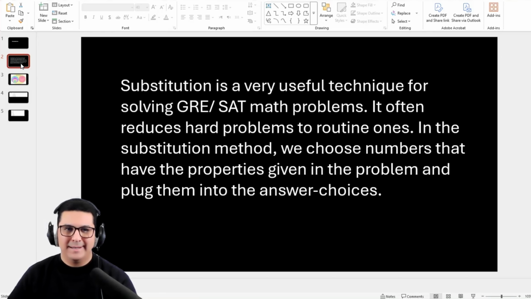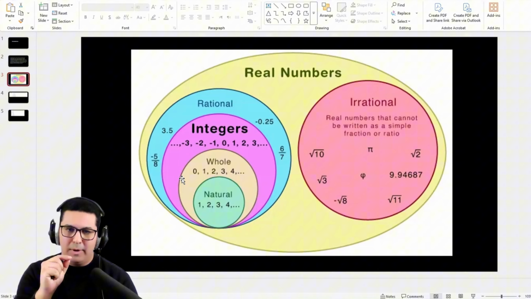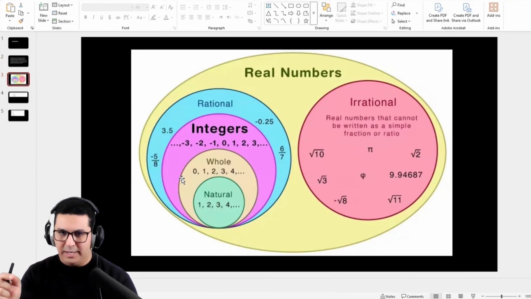So welcome back to the lesson. As you see here, we have different types of numbers, different groups. Natural numbers start from 1, 2, 3, 4. Whole numbers again, 0, 1, 2, 3, 4. Integers, -1, 0, 1, 2, 3.